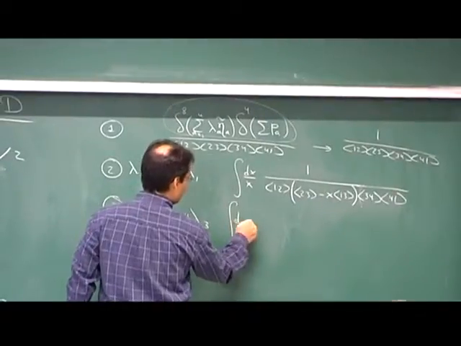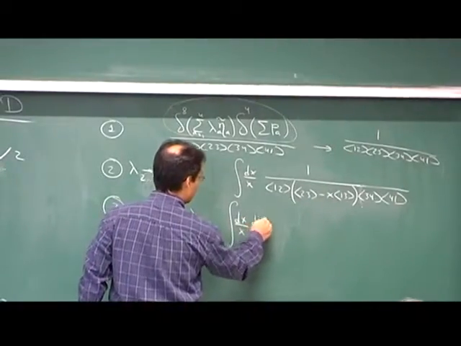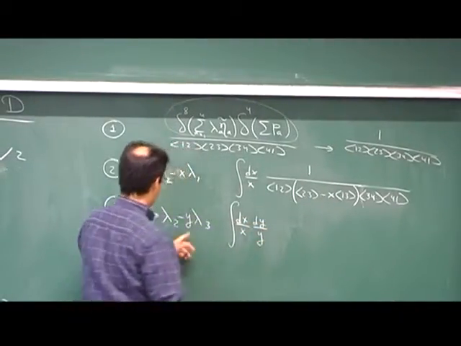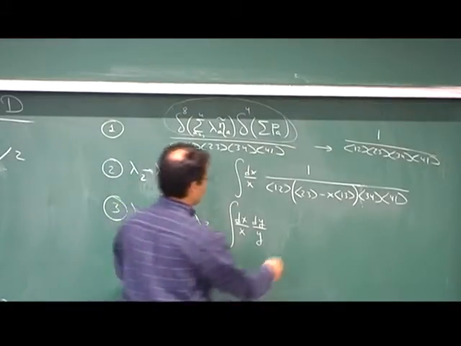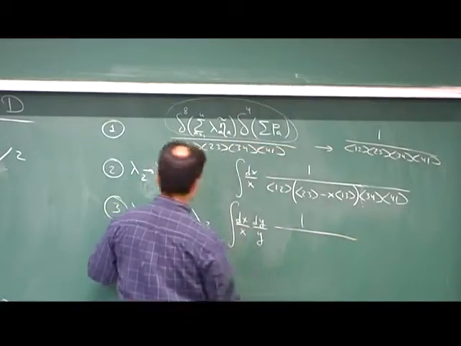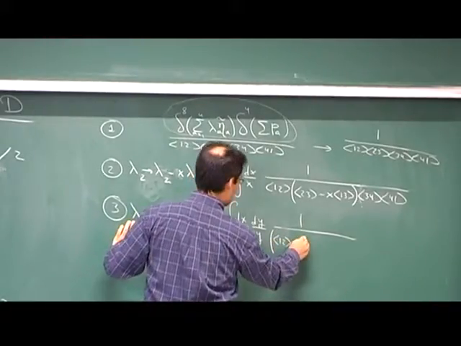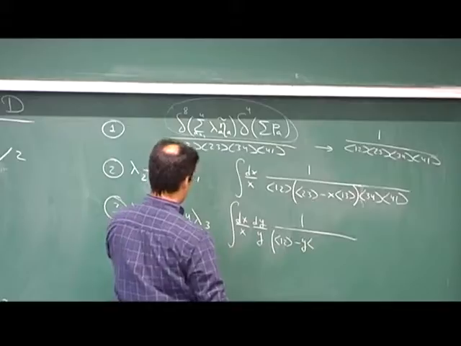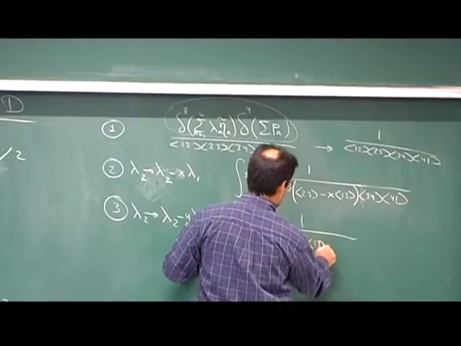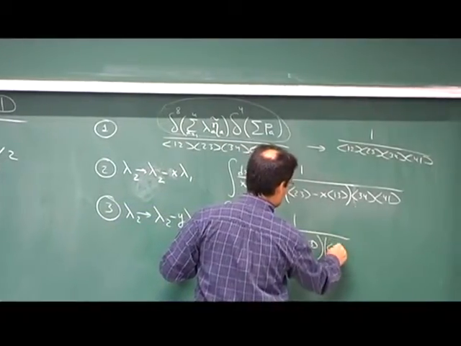Now my new object has two integrations, dx over x, dy over y, and another integration variable. And that thing will now shift this one. So you get <1 2> minus y <1 3> times what I had before.